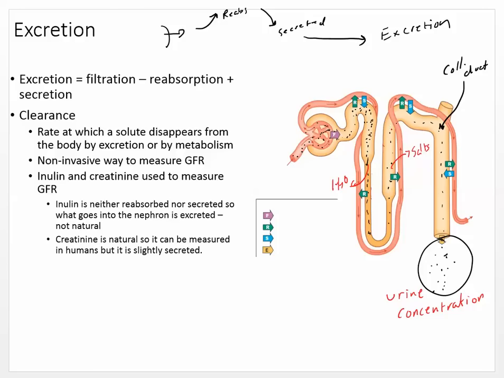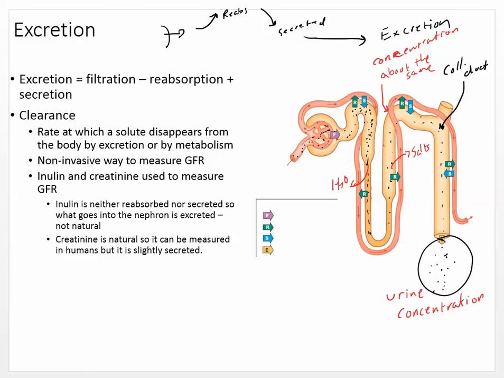And so you can kind of adjust that volume. But at this point, it's almost always about the same for everyone and for every nephron, the concentration. Okay, so concentration is about the same, and that's because the reabsorption and secretion has happened pretty normally.